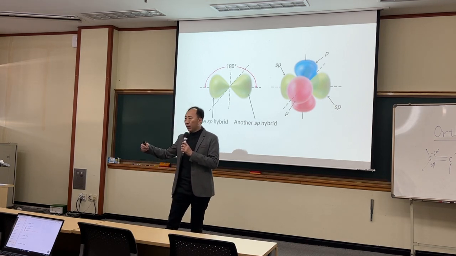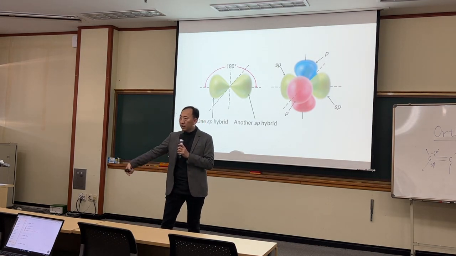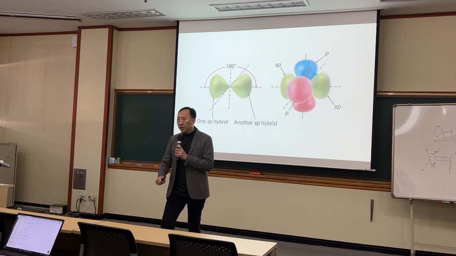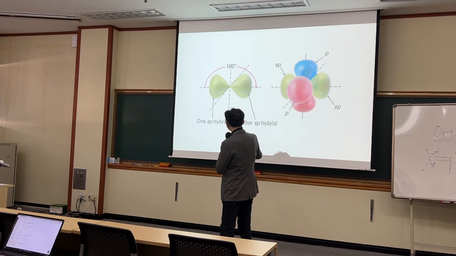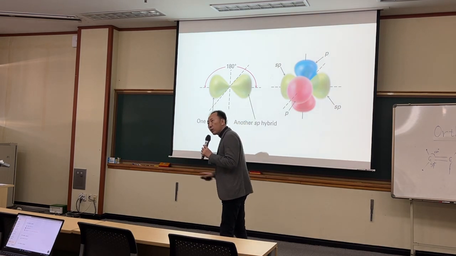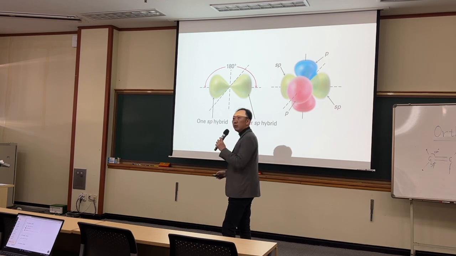Now we have 1p and 1s, only one-dimensional character, px, and then s. So the resulting molecular orbital is also one to this direction and small tail. The other one goes to this direction and small tail. So that's also a linear structure. Angle 180 degree.